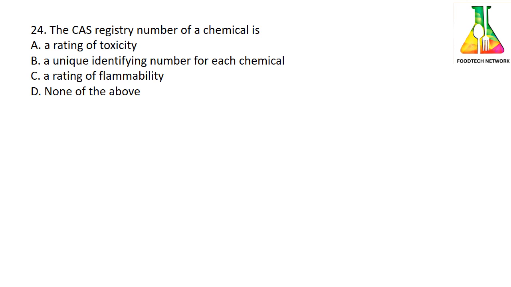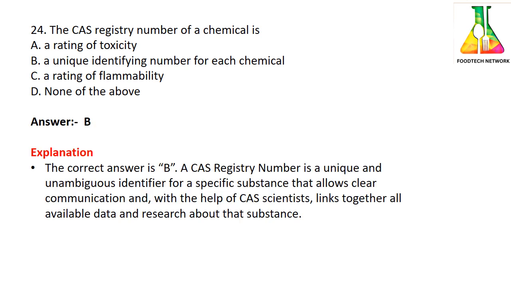Question 24. The CAS registry number of a chemical is option A, rating of toxicity, option B, unique identifying number for each chemical, option C, rating of flammability, or option D, none of the above. So the right answer is option B, a unique identifying number for each chemical.